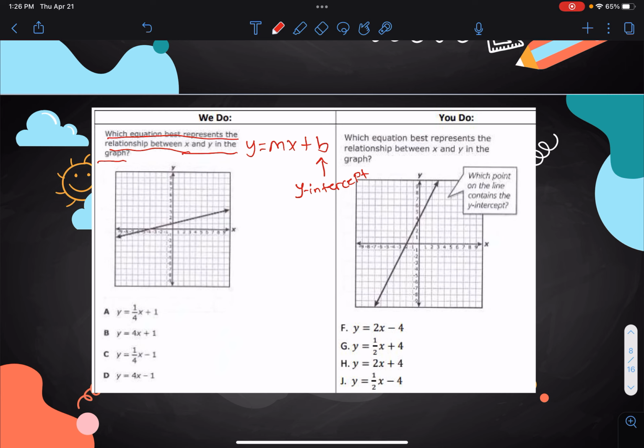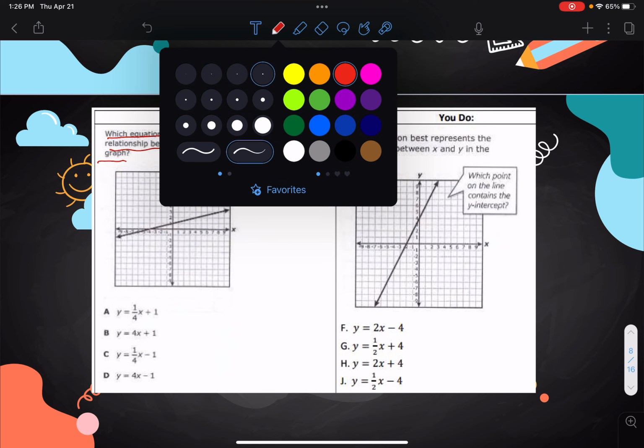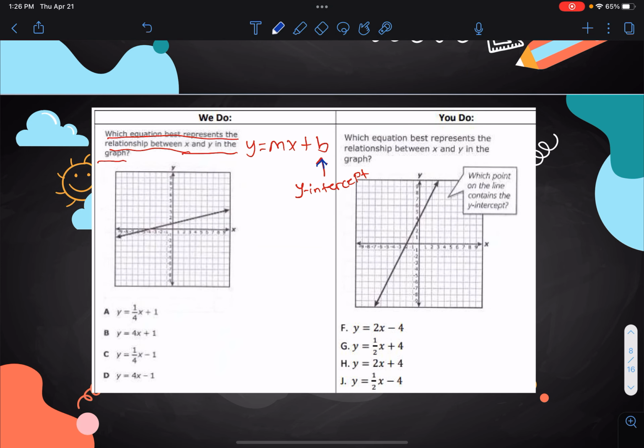Okay, so now that you know the b represents the y-intercept, I'm going to take my highlighter and highlight my y-axis. Because the y-intercept is where the line that we're graphing crosses the y-axis. So the line that we graphed is here, right?